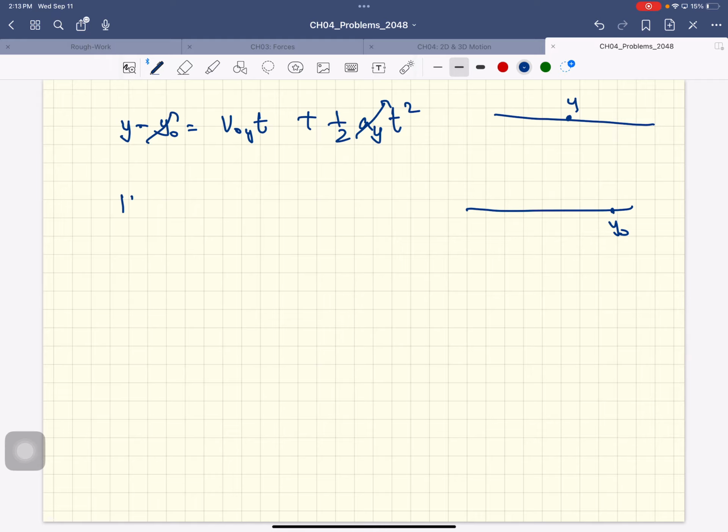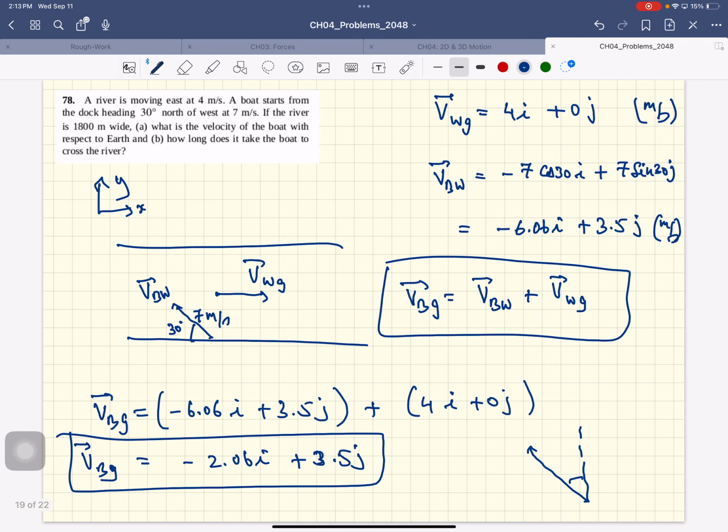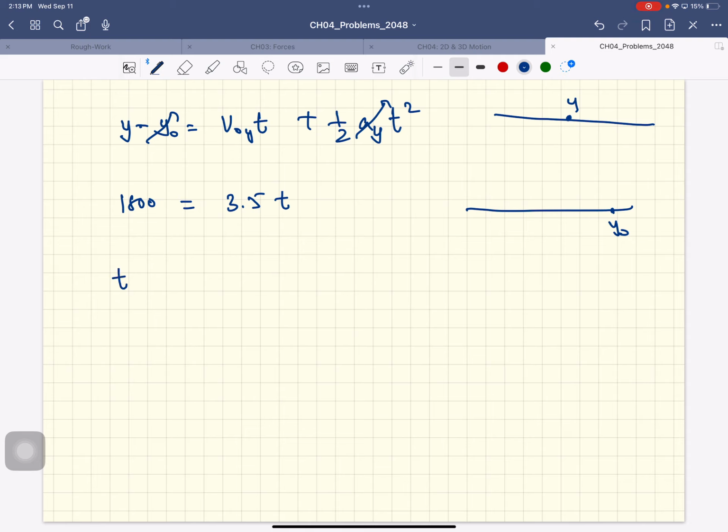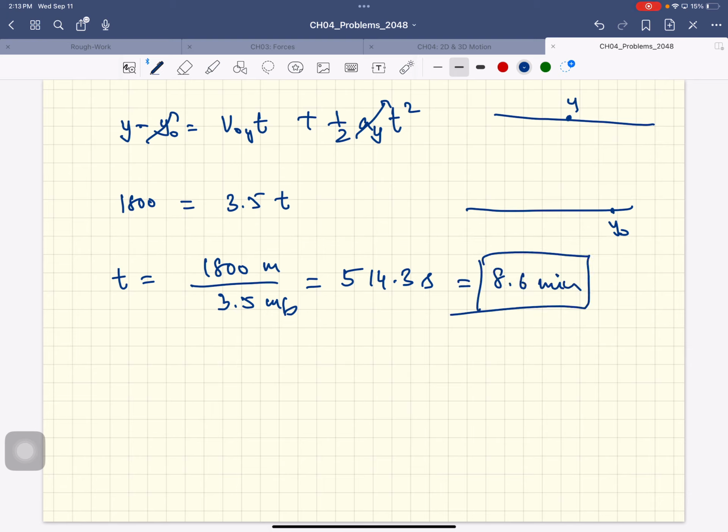We'll take this to be 0, 1,800 meters. The y component of the velocity is that. So 8.5 minutes.